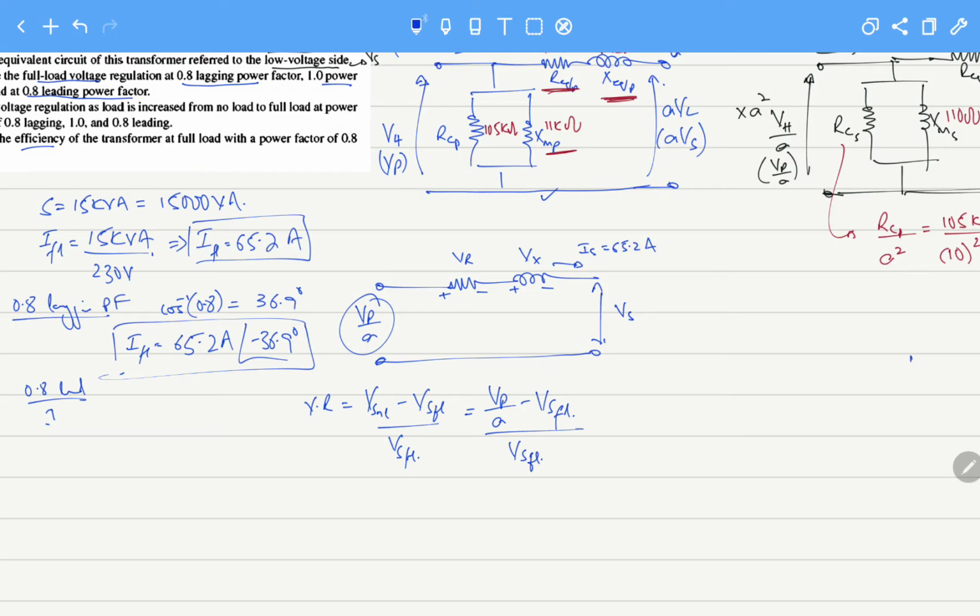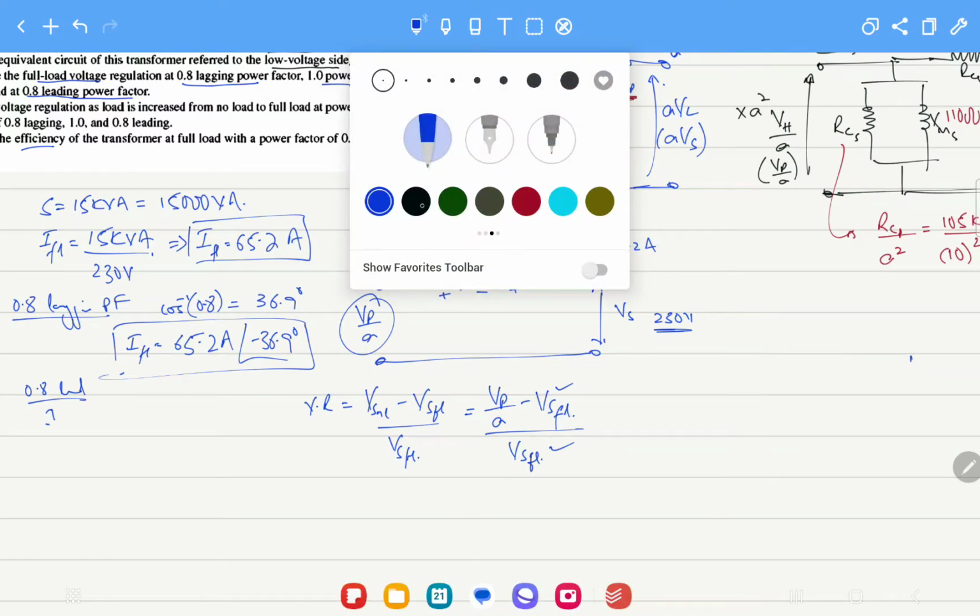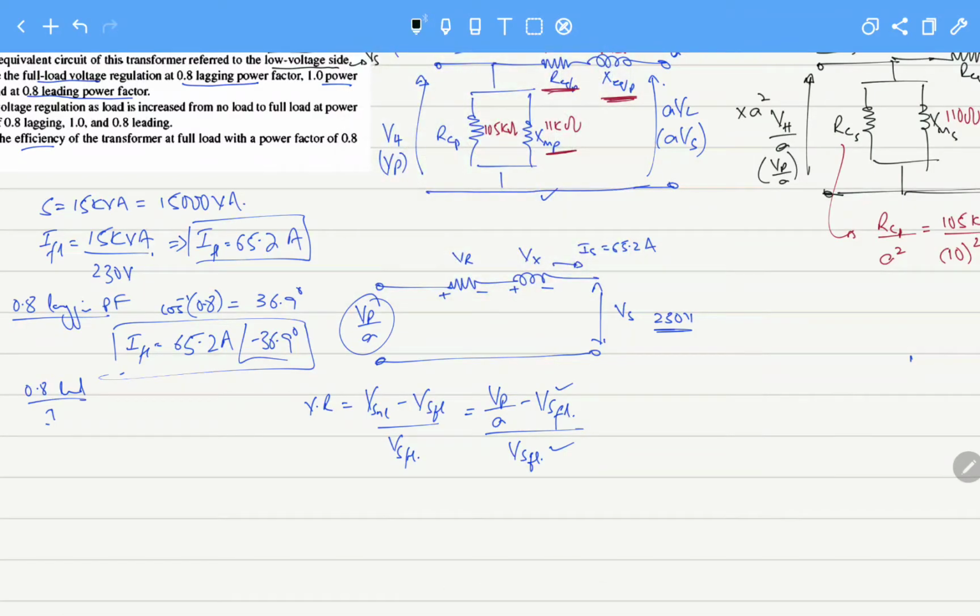At full load, our transformer should be giving 230 volts, right? So we know this value and this value, but we have to calculate Vp over A by applying KVL here. We know Vp over A equals Vs full load plus VR plus Vx.